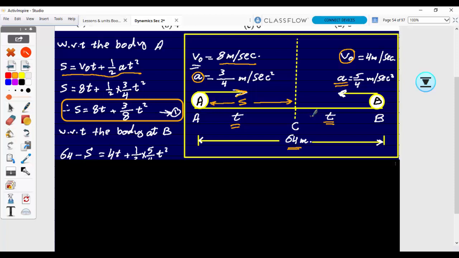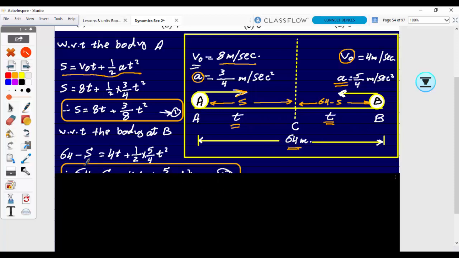So the distance BC from B to C will be 64 minus S, because the length of AB is 64, it is given. So 64 minus S equals 4T plus half multiply A, which equals 5/4, T squared.